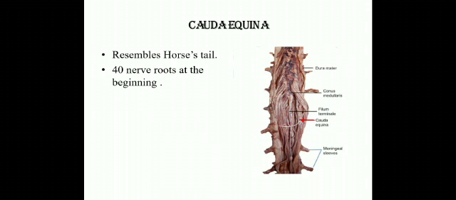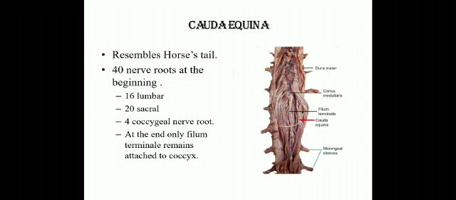So, that gives the resemblance of horse tail. So, the 40 nerve roots includes the 16 lumbar including the right and the left, the 20 sacral and 4 coccygeal nerve root. So, at the end only the filum terminale remains attached to the coccyx.